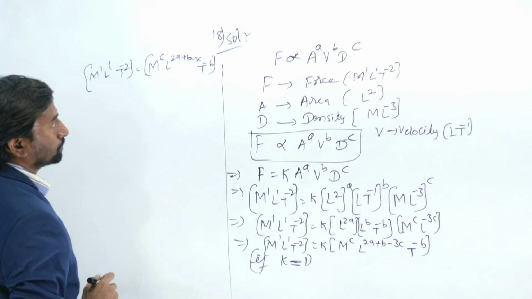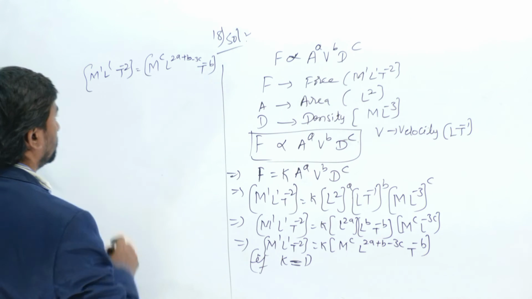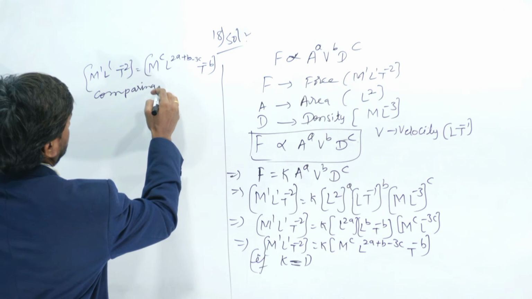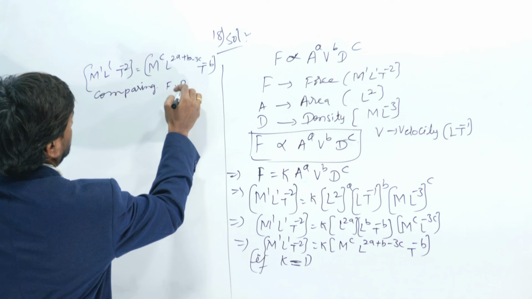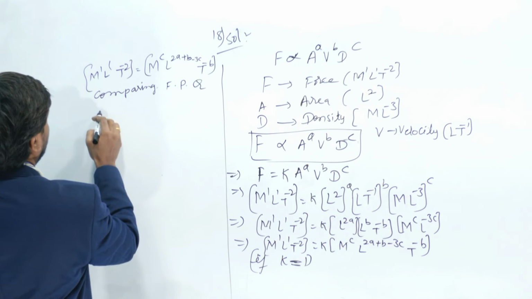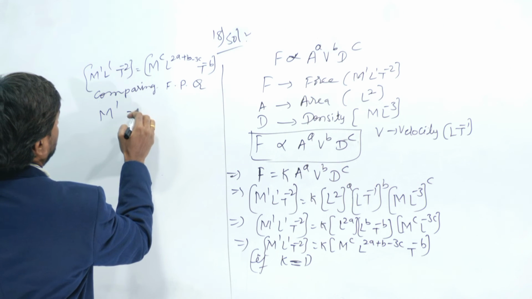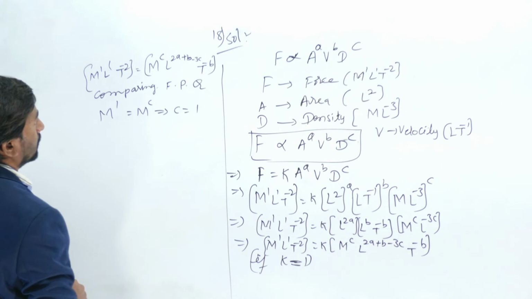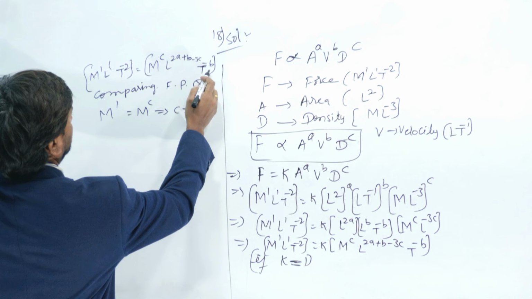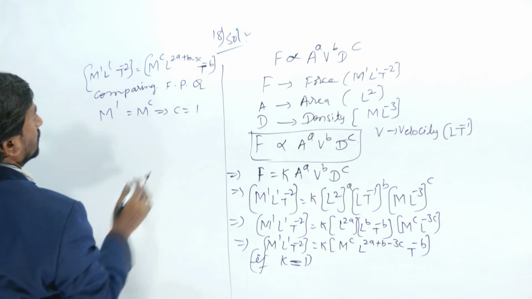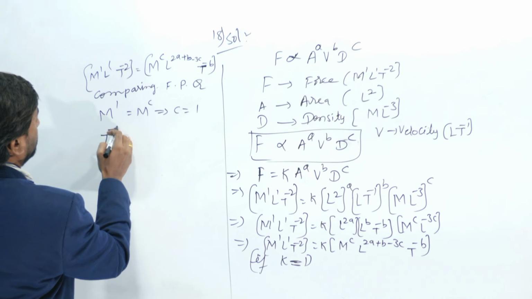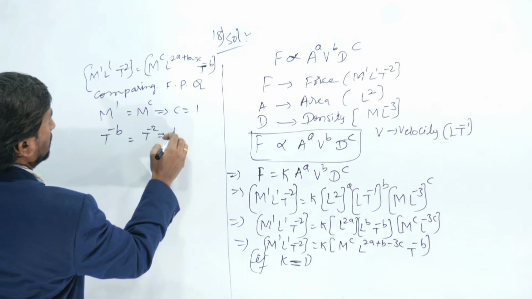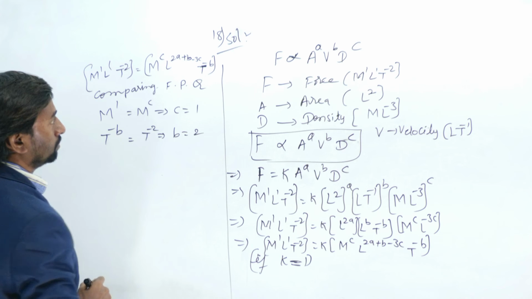Now compare the fundamental physical quantities. Here M power 1 equals M power c, so c equals 1. Then T power minus b equals T power minus 2, so b equals 2.